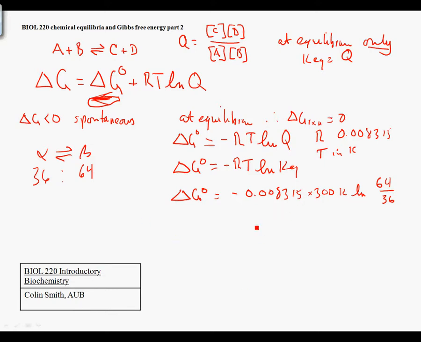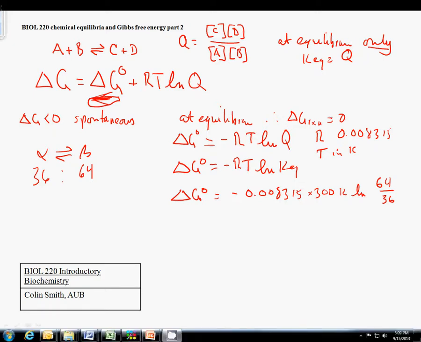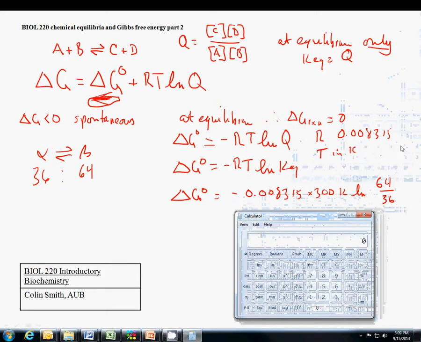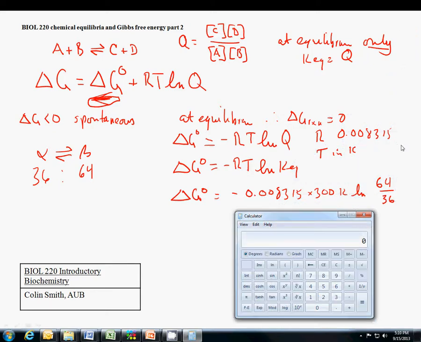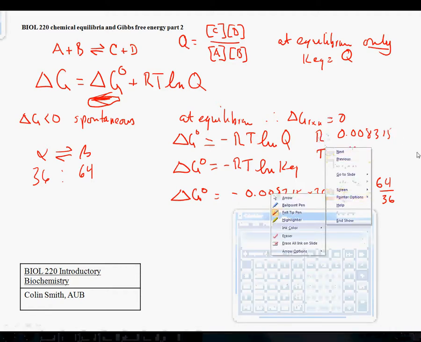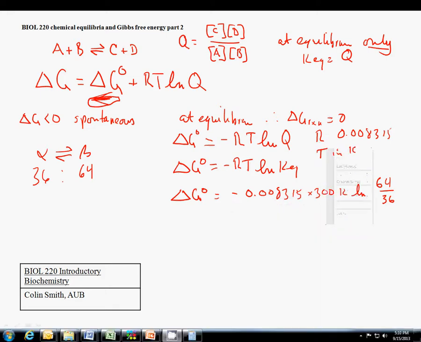So I have to get my calculator. Okay, I brought up the calculator, and I forgot to say the units of R here. Excuse me, if I have the calculator showing it wants to go on top and I start writing and things are difficult.